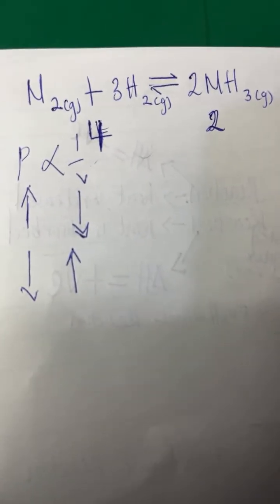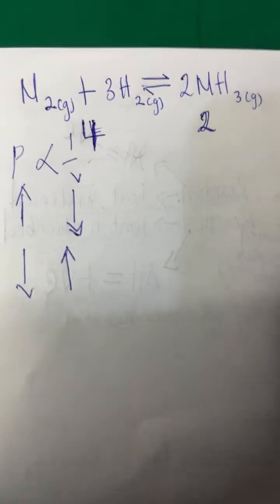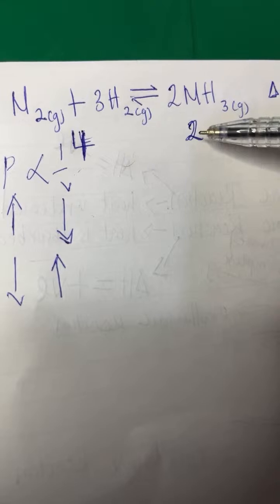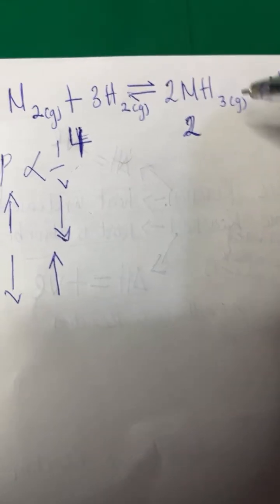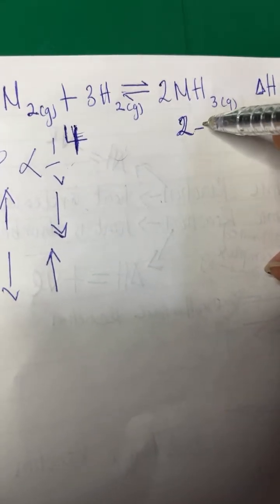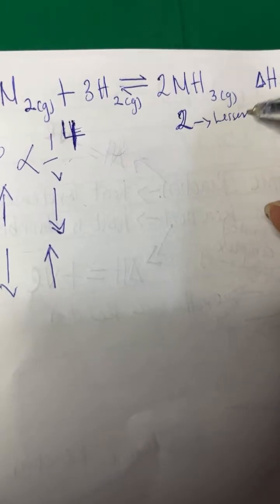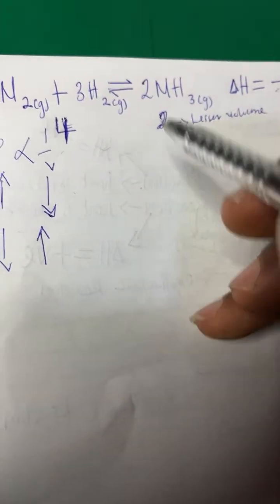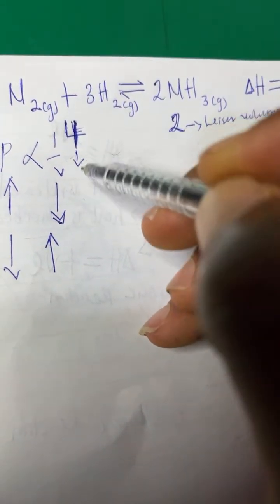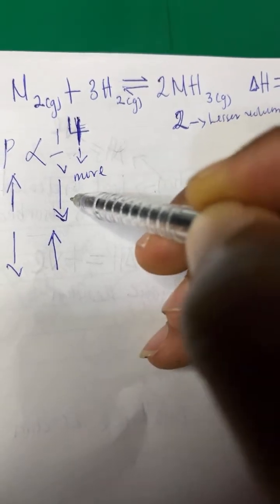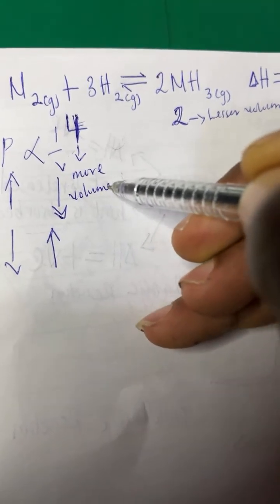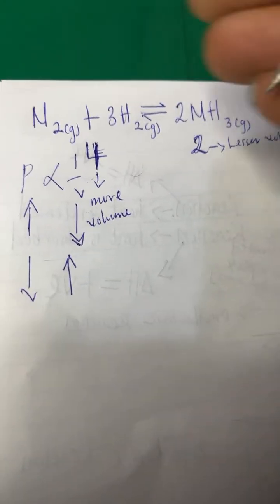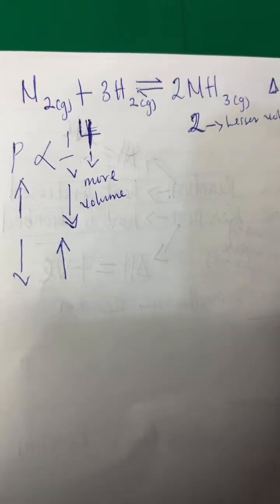So this side that has 2 moles has lesser volume, and this side that has 4 moles has more volume. Do we concur with that? Following Avogadro's law, you should know that all of these are gases, and gases follow Avogadro's rule.